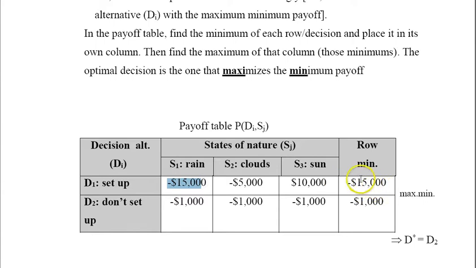So that's called the row minimum. In this case, that's the minimum value. And then if we decide not to set up, we look at the worst payoff, which is losing $1,000 in either case. And then we pick the maximum of these two, because losing $1,000 is better than losing $15,000. So this is the maximum. And that means our decision, call it D star, is D2, which is do not set up.